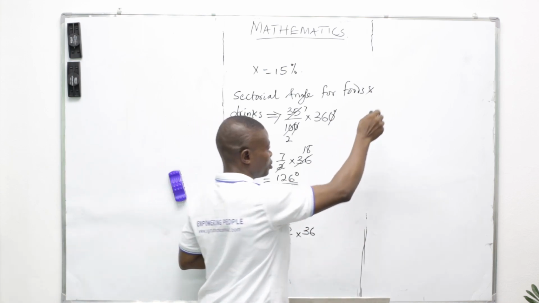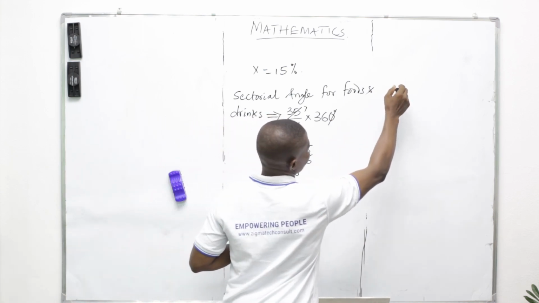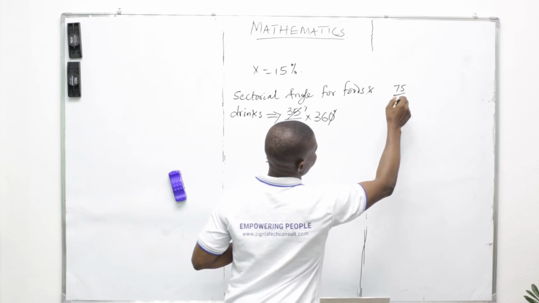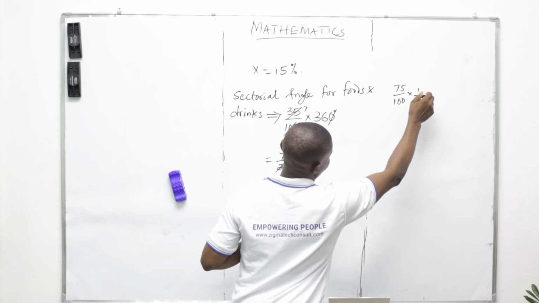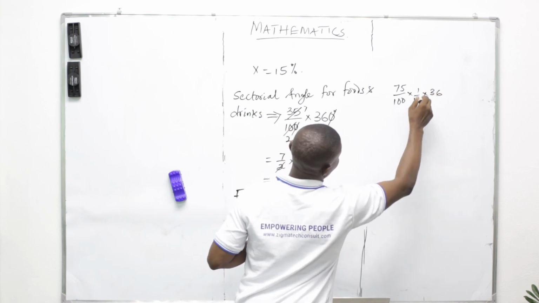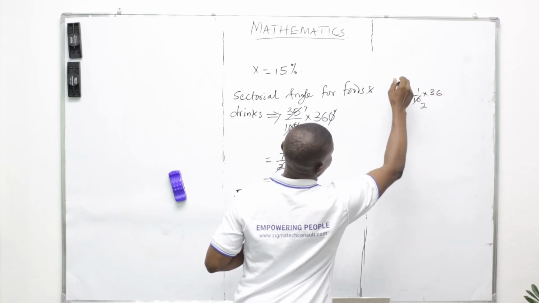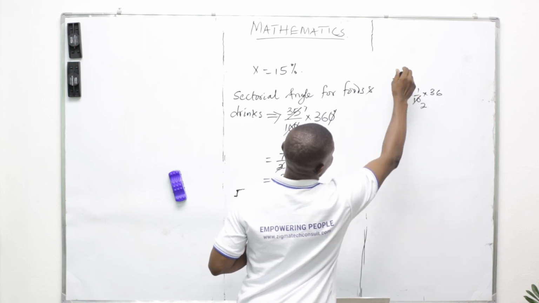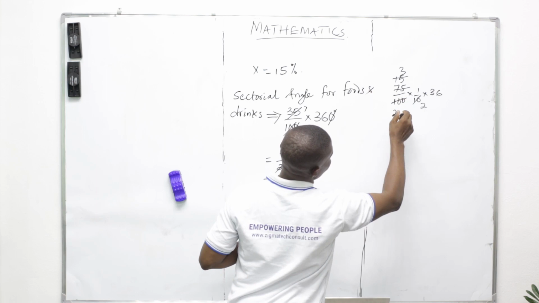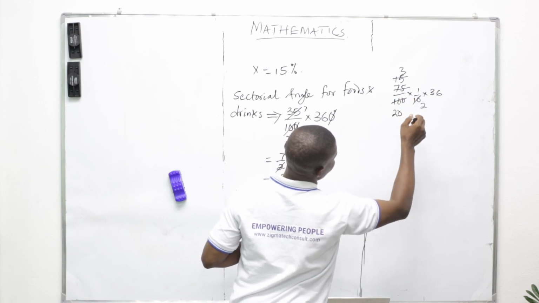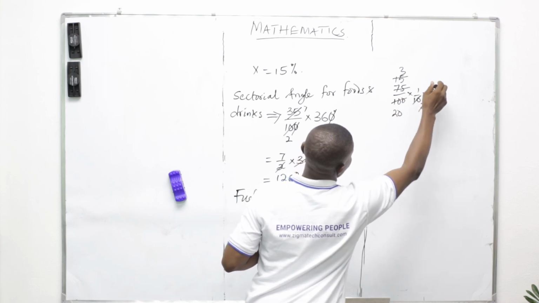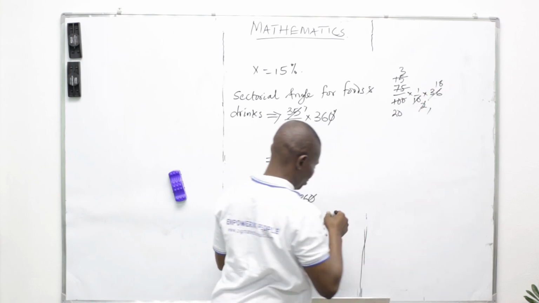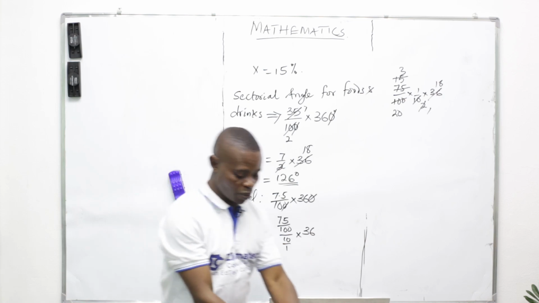This will give us 75 all over 100 times 1 all over 10 times 36. 5 here, 2. 5 here, this is 1, this is 5. 5 here again, 3. 5 here is 20. 2 here, 1. 2 here is 18. Let's punch calculator.